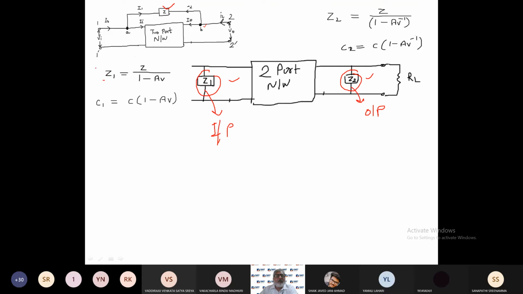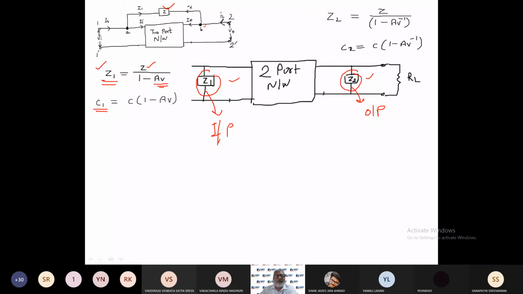Z1, if this Z impedance is resistive, then you can find its value as Z by 1 minus AV, where AV is the voltage gain. Okay, and suppose in place of resistance, it is a capacitance you have connected here, then in place of Z1 I will use the value C1.